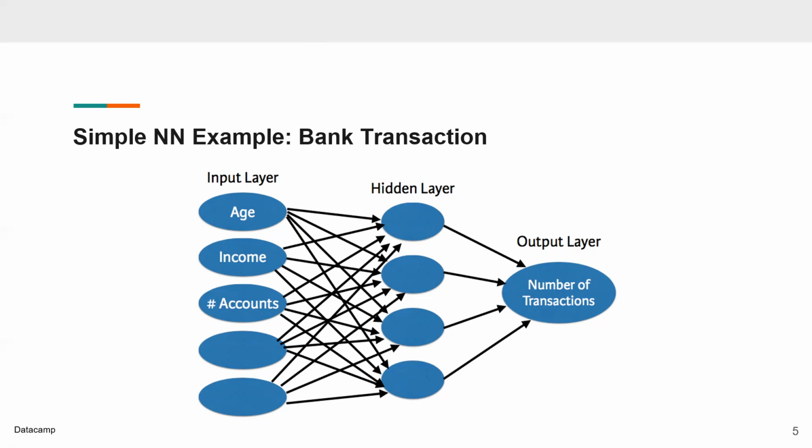Okay, so this gives you an example that in a bank transaction example, you could leverage neural networks to predict the number of transactions by introducing potentially multiple hidden layers in the model.